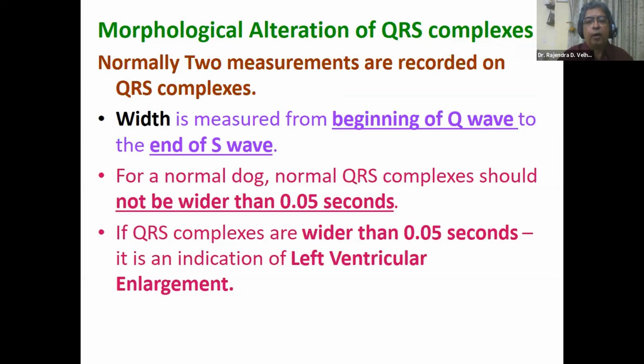For a normal dog, the QRS complex should not be wider than 0.05 seconds or 2.5 blocks. If the QRS complexes are wider than 0.05 seconds, it is an indication of left ventricular enlargement.